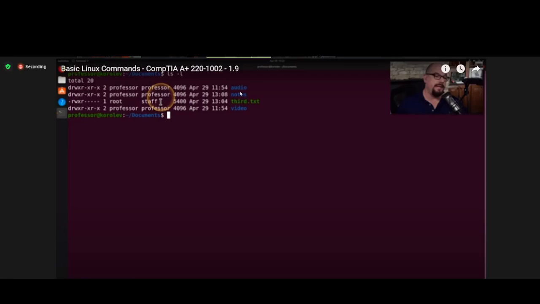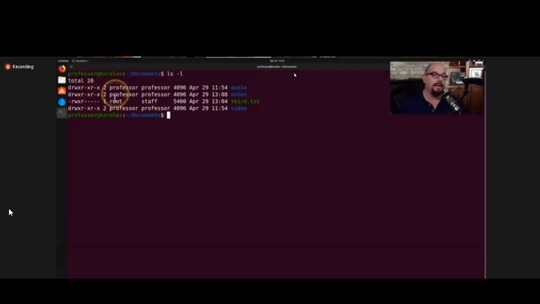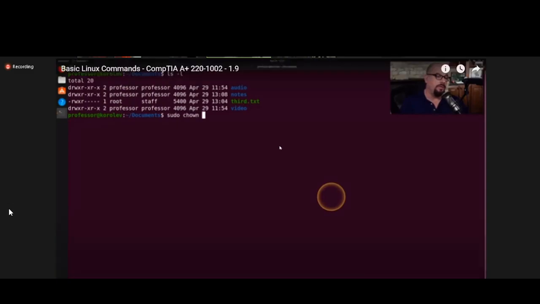Yes, sir. Okay. Now I'd like to change the ownership of the file to my name, professor, instead of the user root. So I'll perform a sudo chown. You have to understand why we use the sudo command. We are logged in as an administrator, but sometimes you can have a problem running a command because you don't have enough privilege or permission.